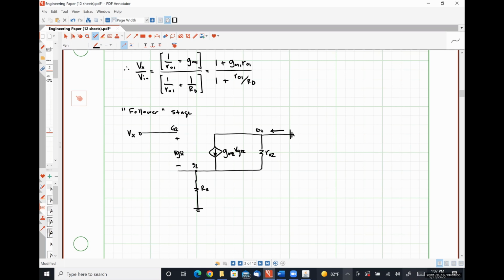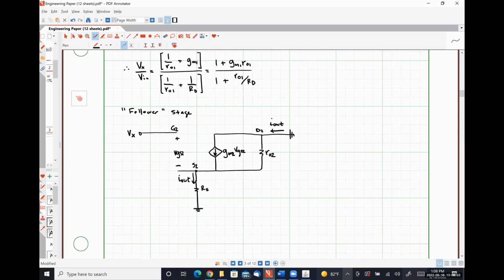And then here is my current IF flowing into my drain terminal of my transistor. It also happens to flow through my resistance RS as well. So does this look like what my small signal model for the right-hand side of the circuit should look like?